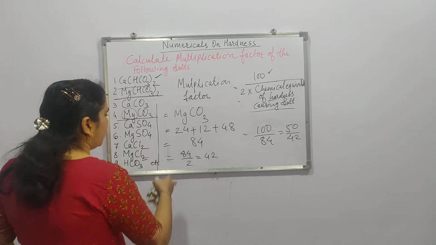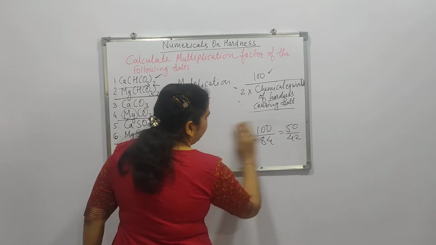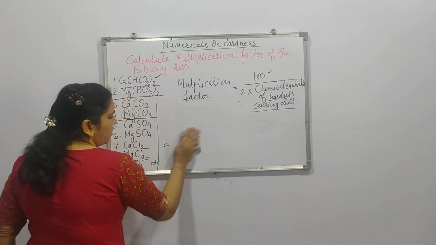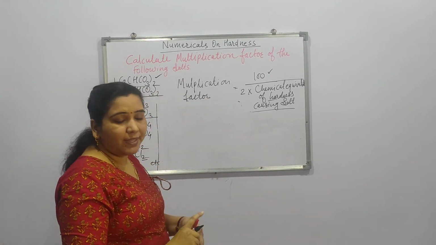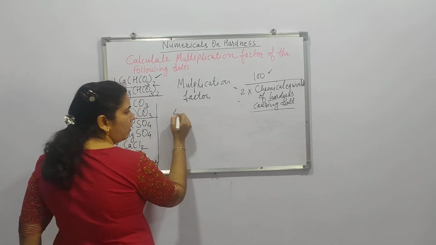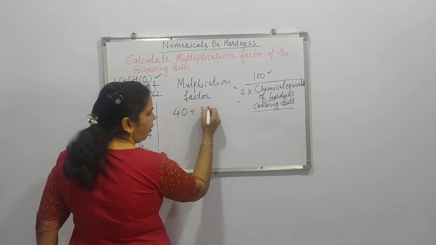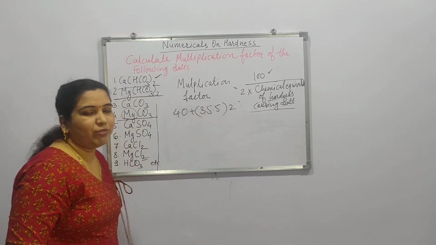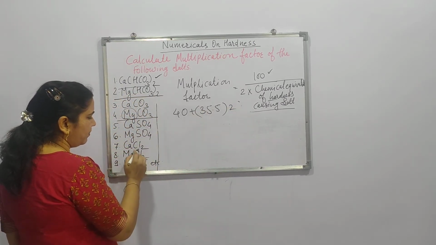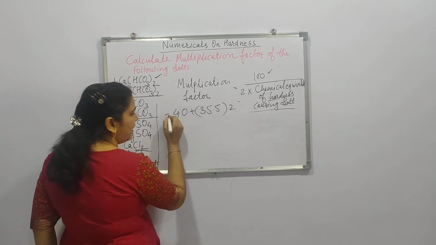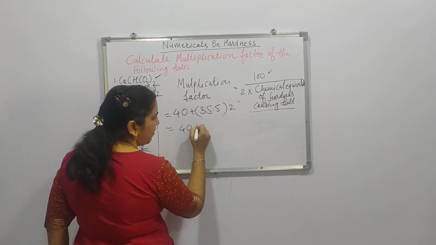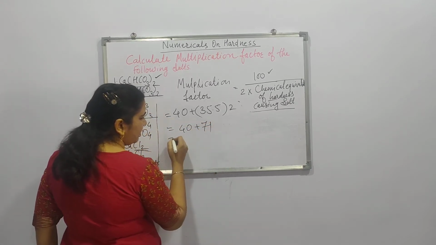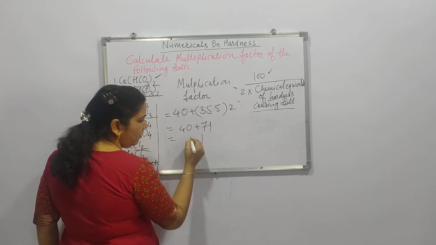Now next, calcium chloride, that is CaCl2. The atomic weight of Ca is 40 and of Cl is 35.5. Here there is twice 35.5 because Cl2 is there. So 40 plus 71 is equal to 111.